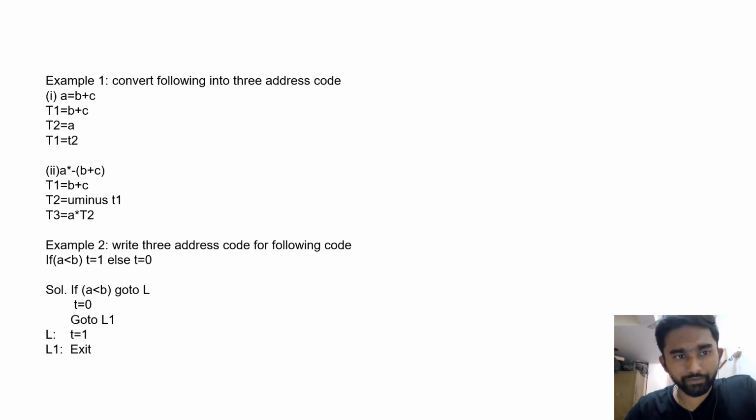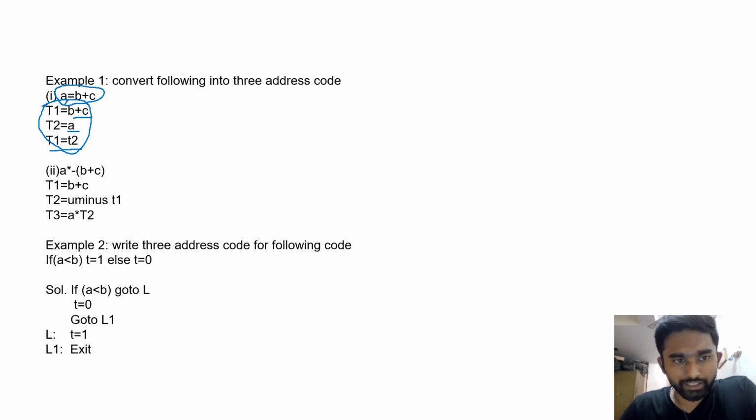First, we have source code a = b + c. To convert this, we have to break it down into some variables. So we will store the value of b + c in variable t1, the value of a in variable t2, and now we will equate both of them. So in this way we have converted this source code a = b + c into this 3 address code.